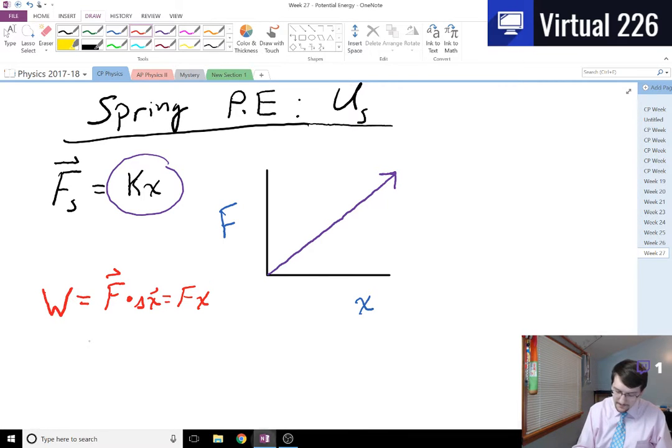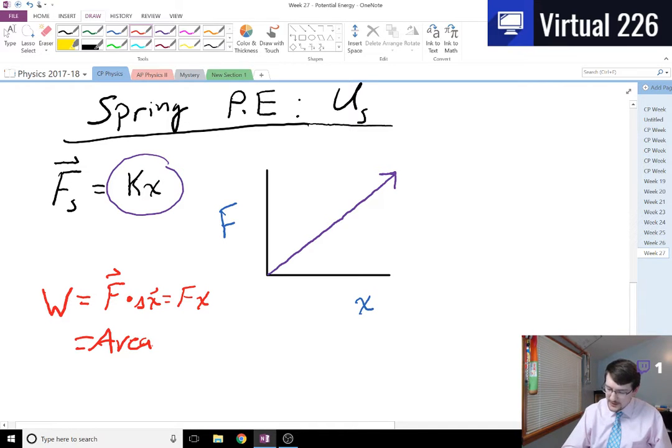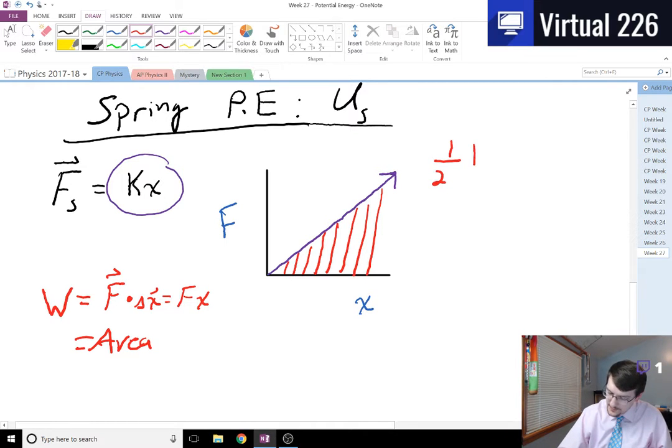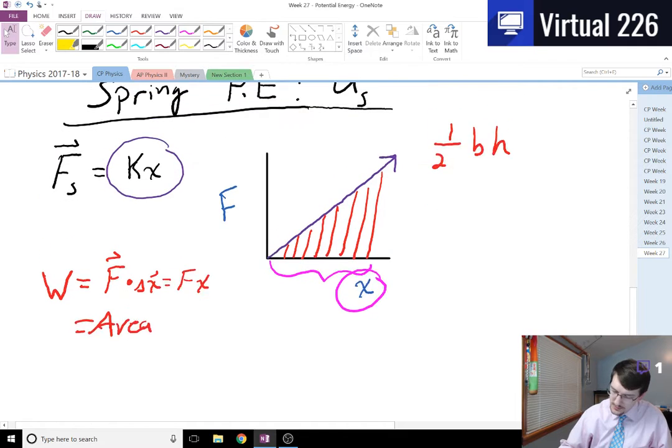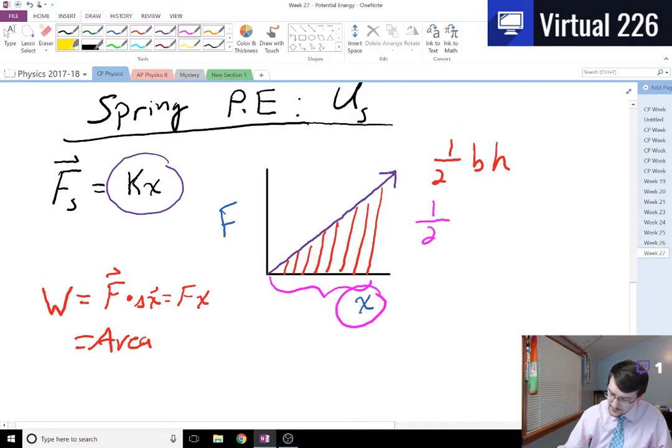We need an area. If we look at this area here under the curve, that's a fairly simple shape. It's a triangle. It's 1/2 base times height. Well, if we look here, our base is some value x. So we've got 1/2 of some value x.